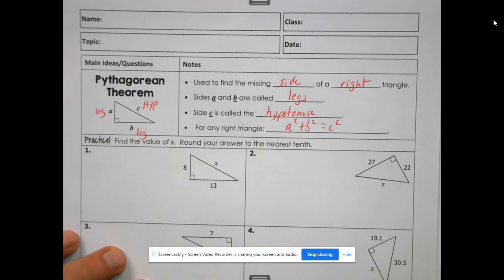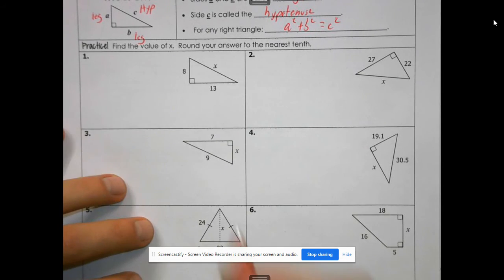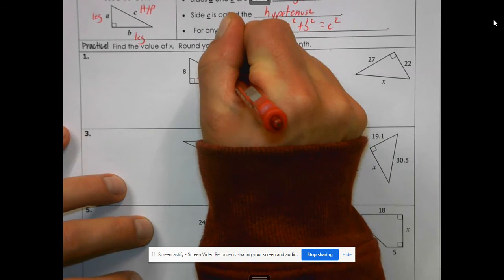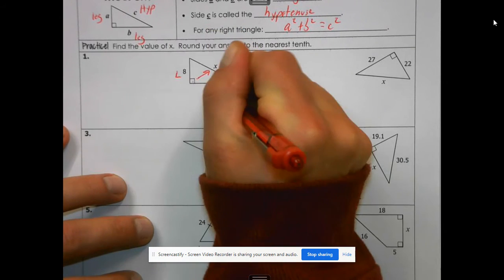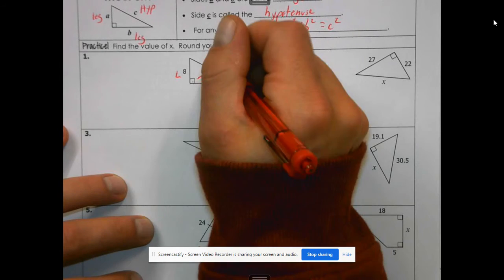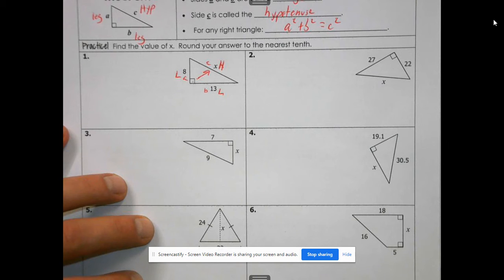All right. So for the examples 1 through 10, guys, basically let's label the pieces and then we'll figure out what's missing here. So first I find the 90. I know across from the 90 is always the hypotenuse, which would mean the pieces attached to the 90 are the legs. So we're missing the C piece. Remember, A and B are the legs, and C is the hypotenuse.